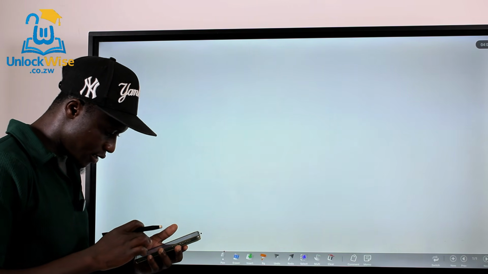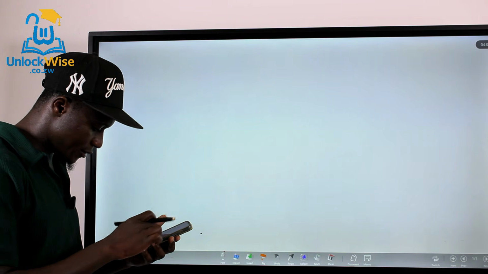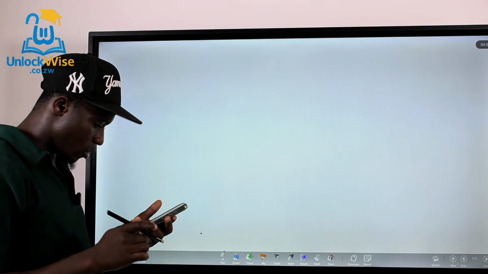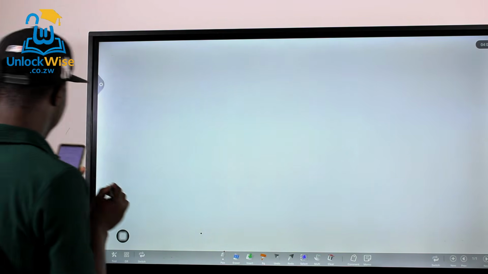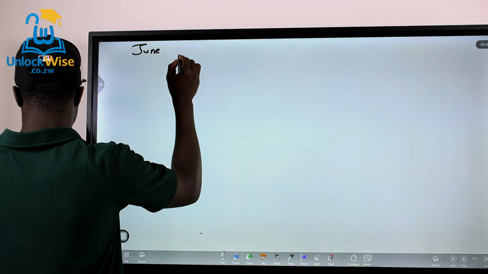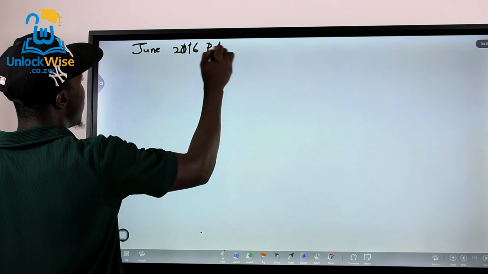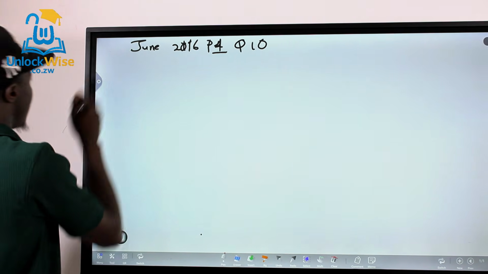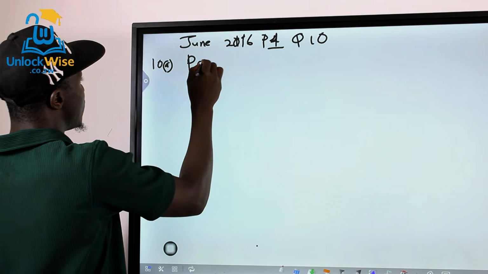Okay, that is June 2016, paper 1, question 10. On number 10A, there was a question saying prove the identity.